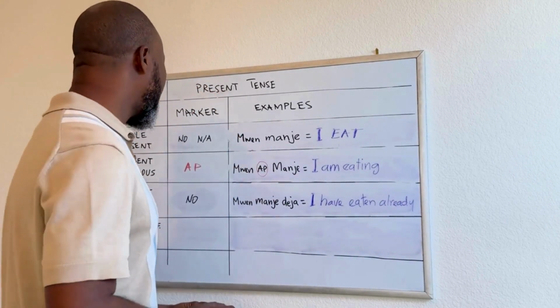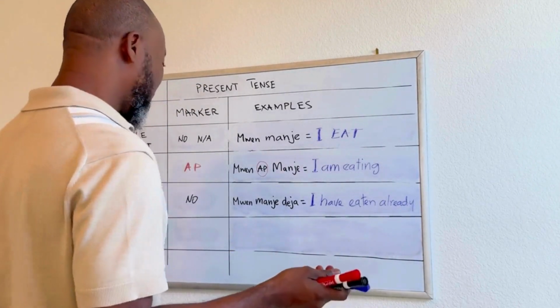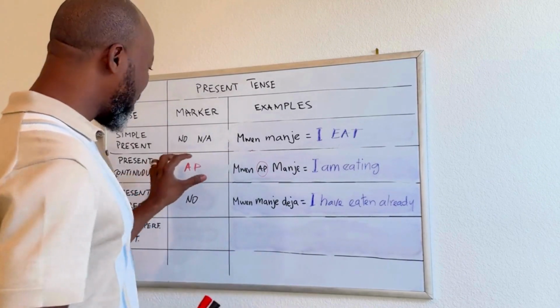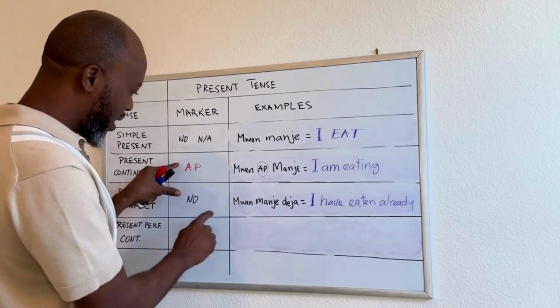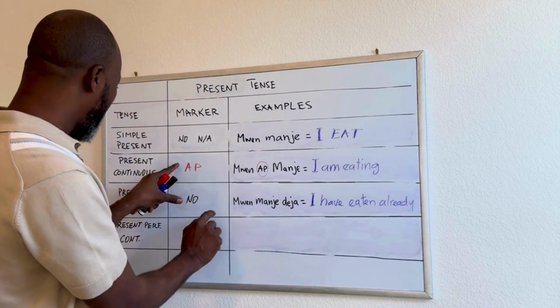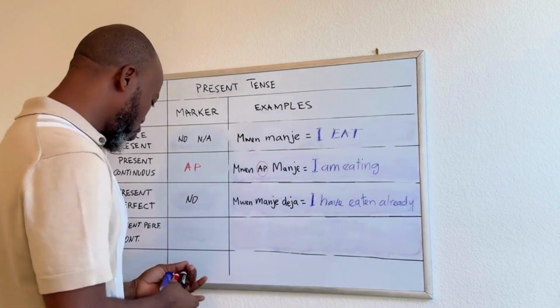For present perfect continuous, do we have any marker? It's yes. So we're going to go back to the ap, right? But we're going to combine the ap and anything that we use here to make the perfect and continuity. So ap will be the marker.